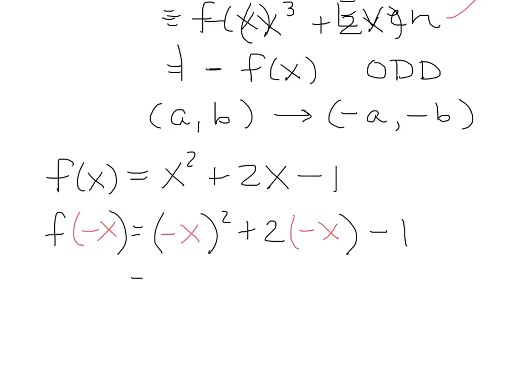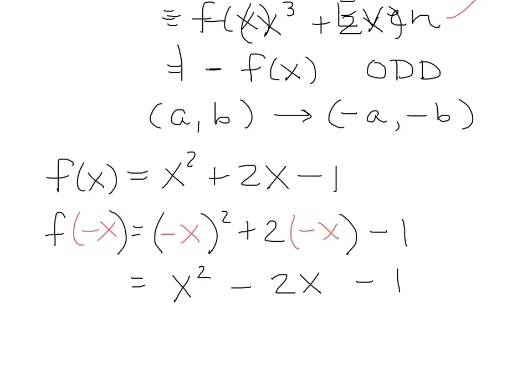And simplify. So in the first term, we have a negative being raised to an even power, second power. That's going to turn to a positive. So that turns to x squared. The second grouping, a positive times a negative, will get us a negative 2x, and then a minus 1.